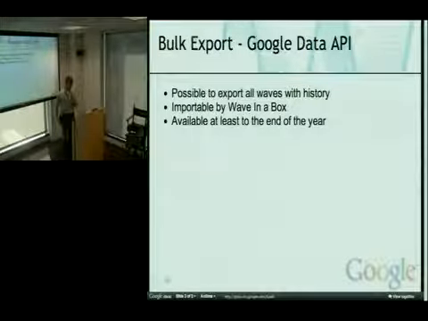The problem with the current data API is that it gives you a certain text representation of the contents of a wavelet. But what we are adding this week, we hope to get it out within the next 48 hours, so that when we get to the hacking Thursday and Friday, this option is there and is live, so anyone whose game can start coding up something to pull out the waves and put them into Wave in a Box.